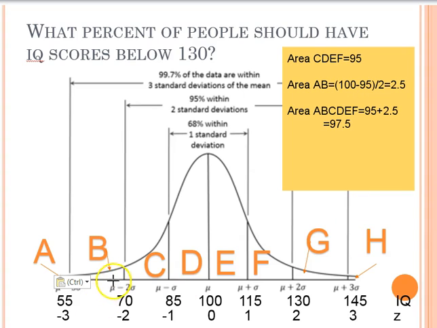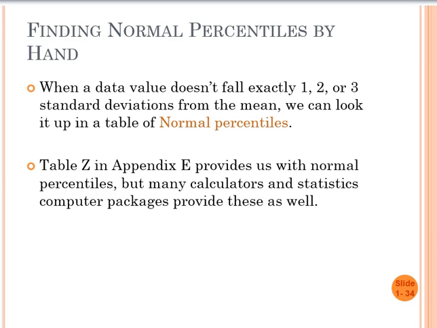And then we'll divide by 2 just to focus on area A and B. So once we have area A and B, we can add that to C, D, E, and F. That's going to give us 97.5, and that's the percent of people who have an IQ below 130.